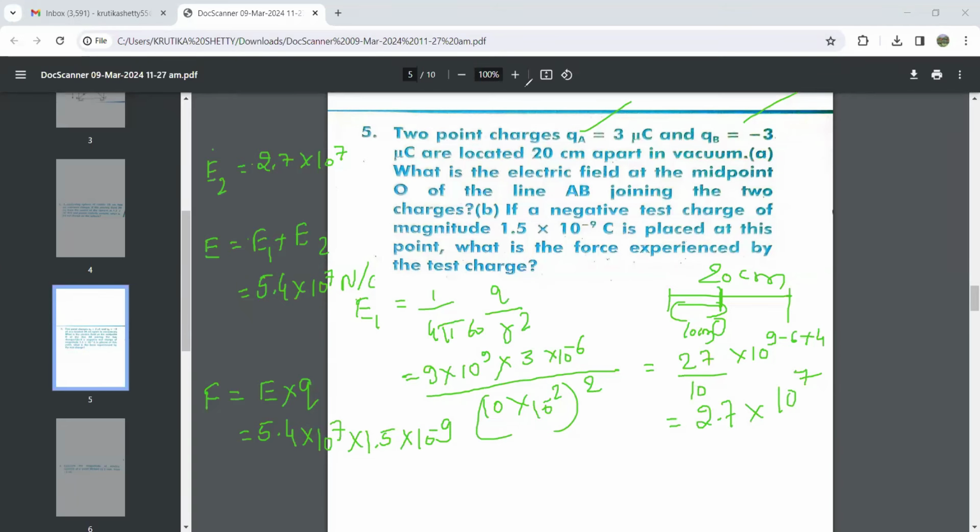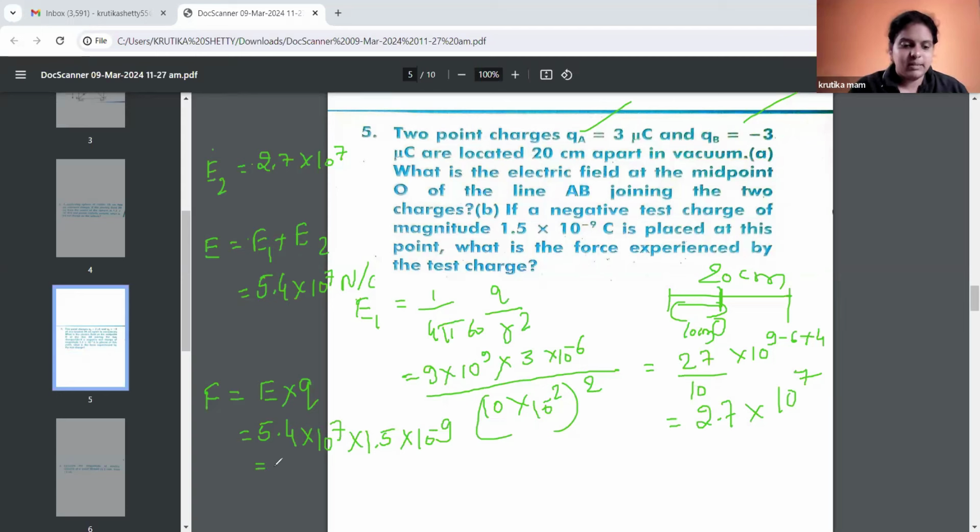So this one you can simplify. Ma'am, 8.1 into 10 to the power 2 minus 2? Okay, this is 5.4 into 1.5 is 8.1, it is into, not plus.